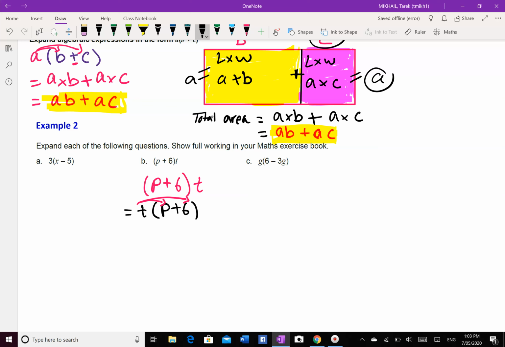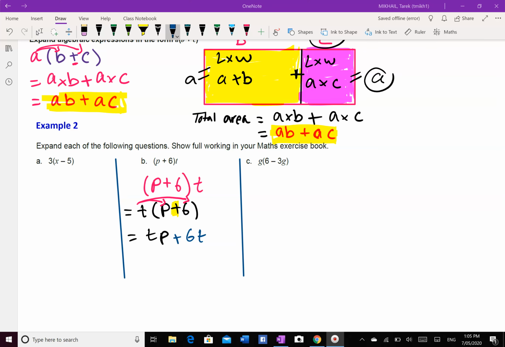So t times p is tp, and you have plus in the middle, so you have to put the plus, and t times 6 is 6t, and this is the answer for example 2 question B. I will pause it, and then you have to pause the video and do A and C yourself, and then check your answer when I do it later.